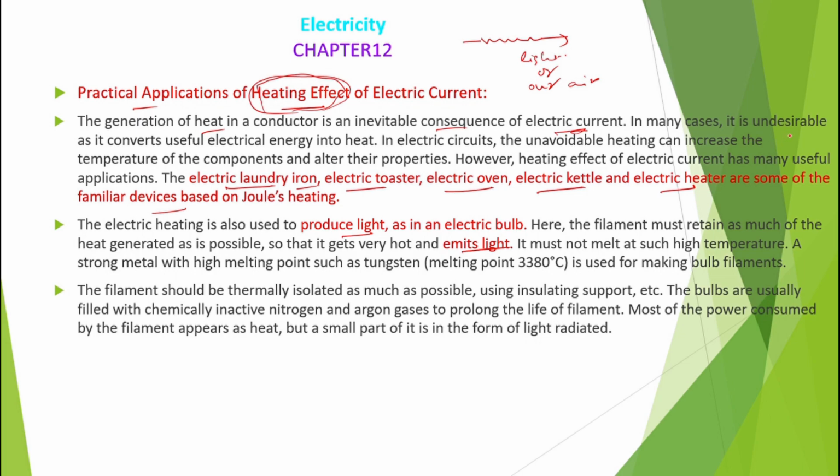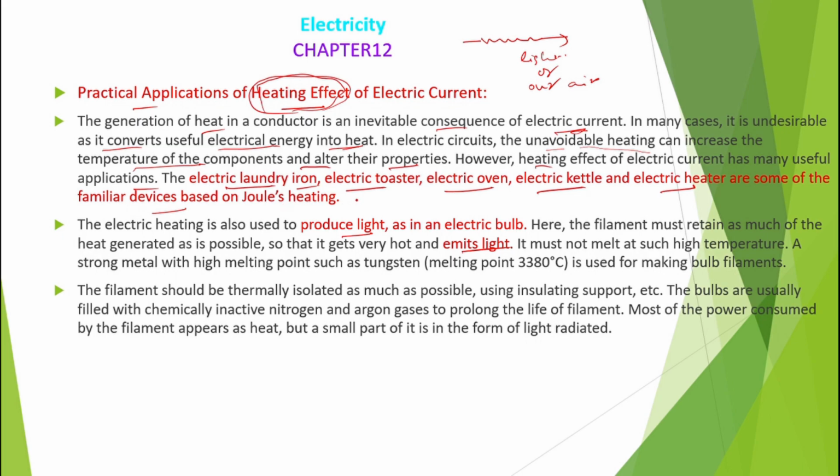It is undesirable as it converts useful electric energy into heat. In electric circuits, the unavoidable heating can increase the temperature of the components and alter their properties. However, the heating effect of electric current has many useful applications.